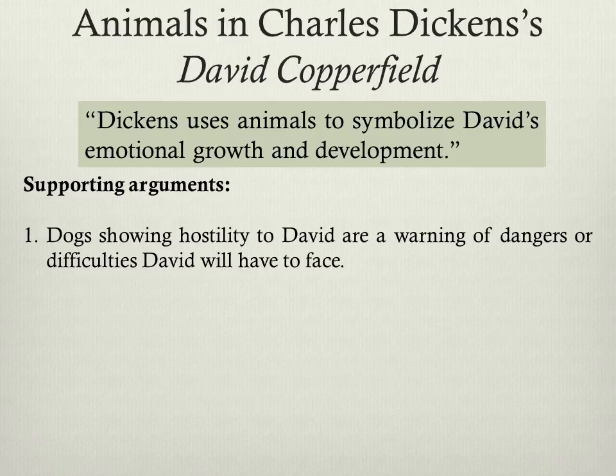Both Mr. Murdstone's dog and Dora's dog show that David is going to have to face some dangers or difficulties, so that they're used in a systematic way.